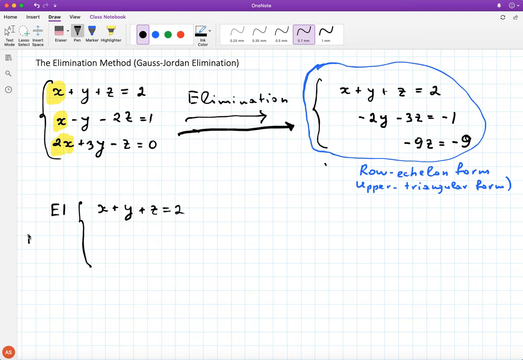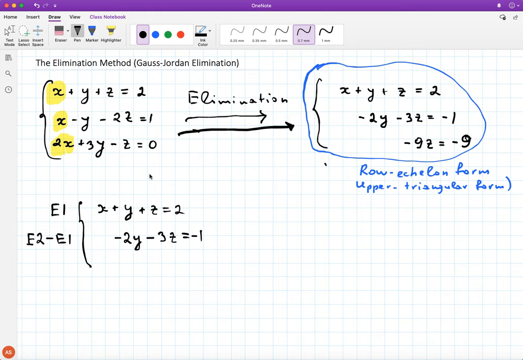Now, to eliminate x from the second equation, we are subtracting the first equation from the second. And the result will be negative 2y minus 3z equals negative 1. Please double check these calculations by doing them on your own.